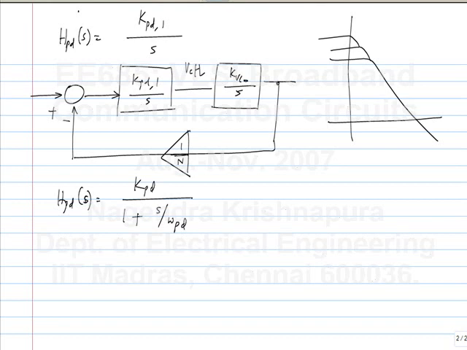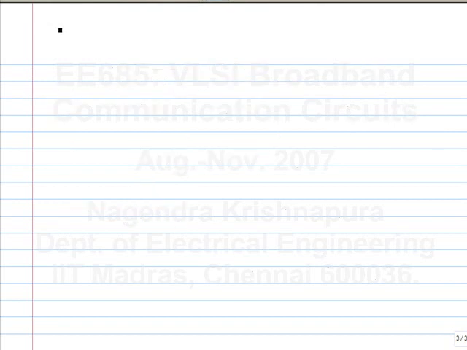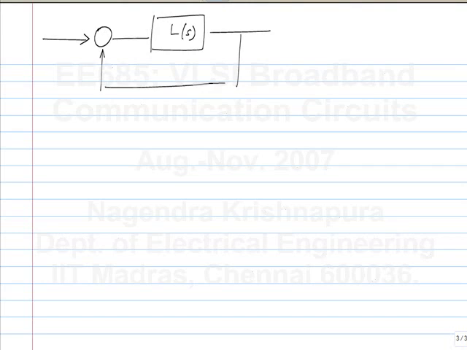So the transfer function of a feedback system. Let's say we have a certain loop gain L and we have unity feedback around it. So the loop gain of the loop is L. Okay. What is the transfer function of this?